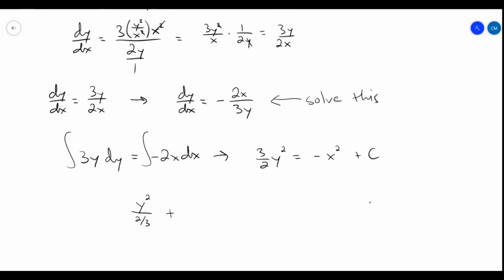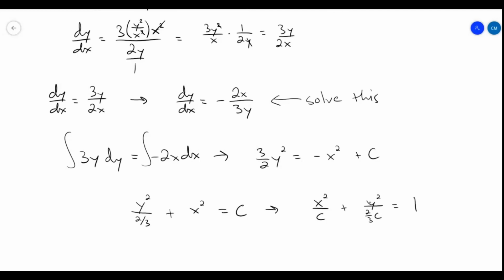Plus x squared is equal to c. And now I'm just going to do one more thing and say, what if I write it as x squared over c plus y squared over 2/3 c is equal to 1?